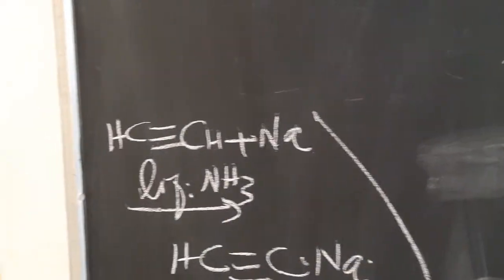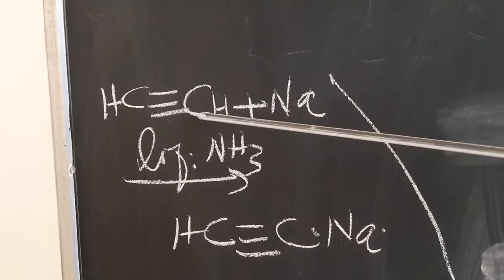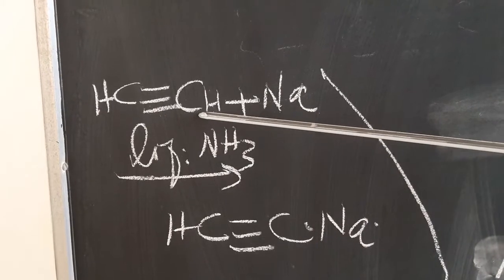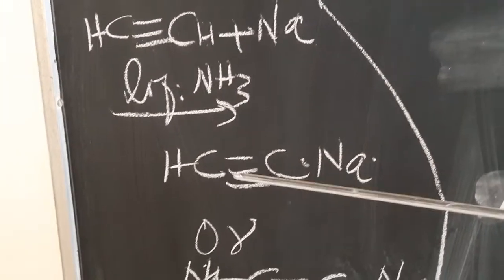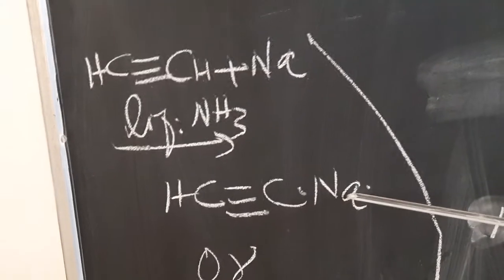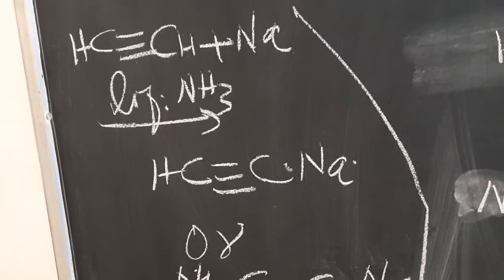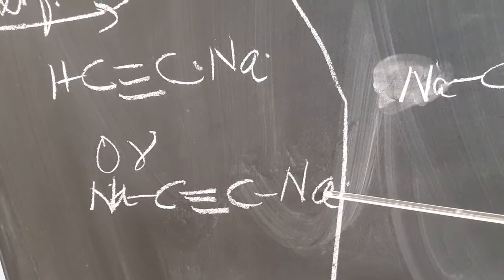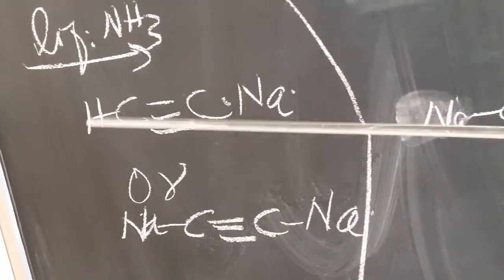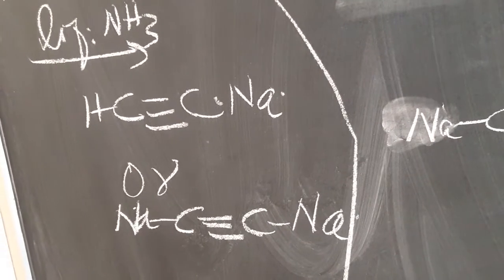In the fourth method, you have to understand the reaction of acetylene, that is ethyne, with sodium. In the presence of liquid ammonia, one of the hydrogen atoms is replaced by sodium, and you get monosodium acetylide, or in this case disodium acetylide, where both hydrogen atoms can be removed.